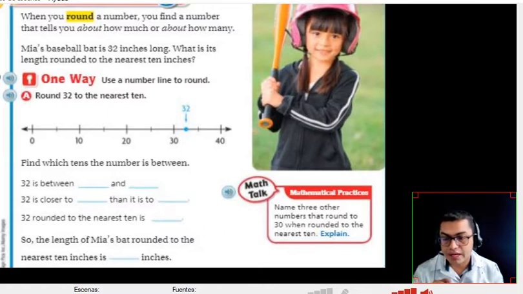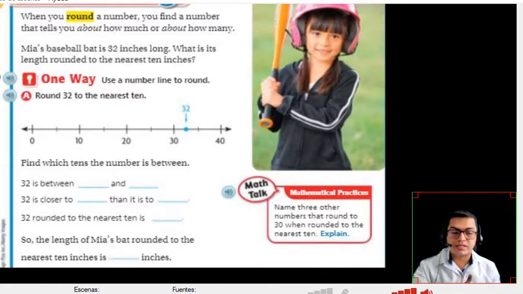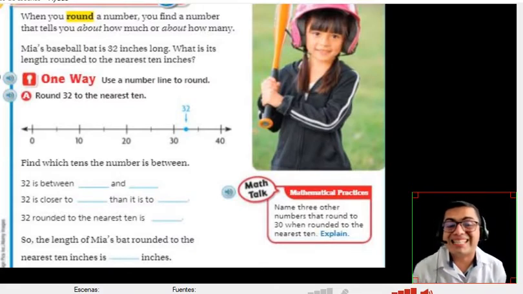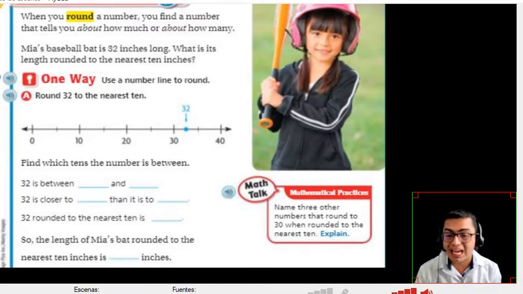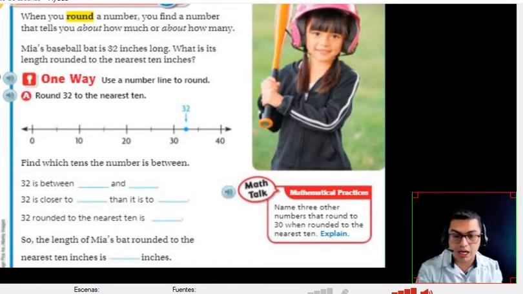Now, next part. Round to the nearest 10. Near es cerca. Pero cuando hablamos de nearest, estamos hablando del más cercano. 10 nos dicen a la decena. Remember that 10 also is decena. Entonces, 32, redondéalo a la más cercana decena. When we say decena, quiere decir numbers from 0, 10, 20, 30, 40, like that one.